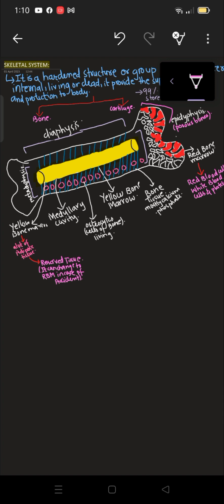It will take this calcium out from the bone and fulfill the need of the blood, because blood has a deficiency of calcium now. So it helps getting calcium out of the bone, so that blood does not have a deficiency of calcium ions.